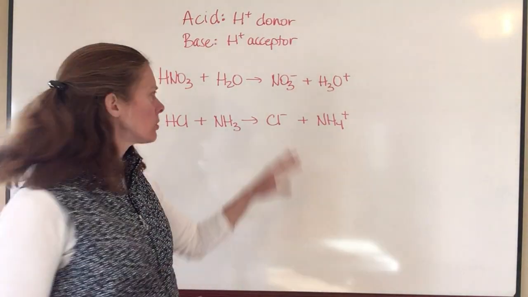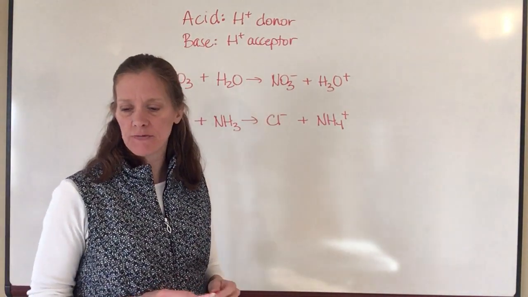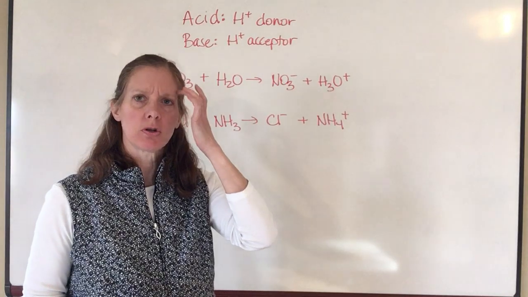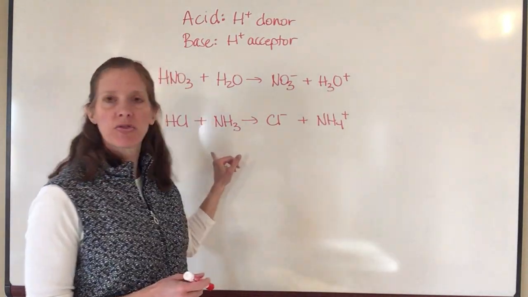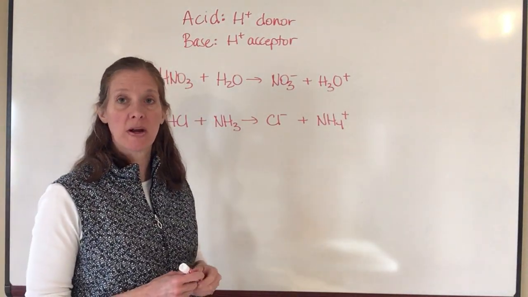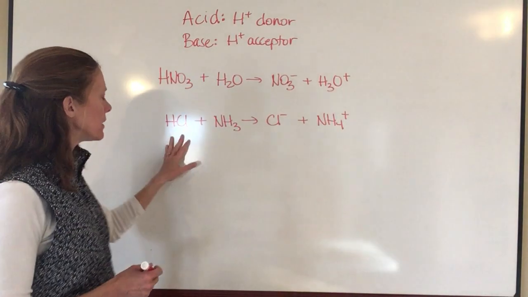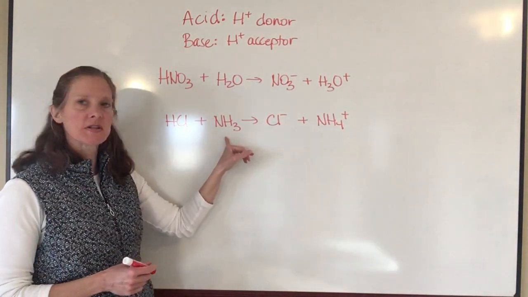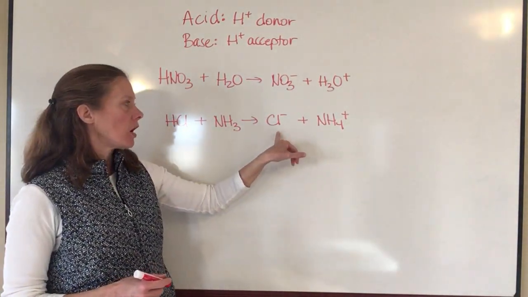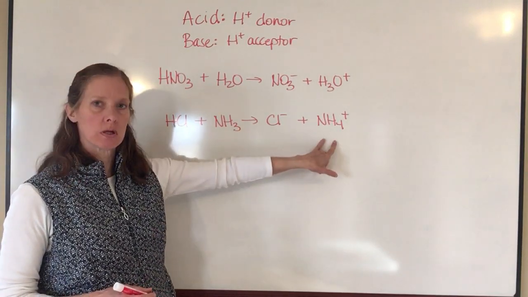You have two equations on the sheet that I gave you on sample problems for video number 2, and I'm going to start with the second one of those equations first. That equation says HCl plus NH3 yields a chloride ion and an ammonium ion.